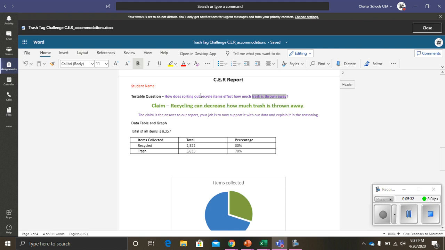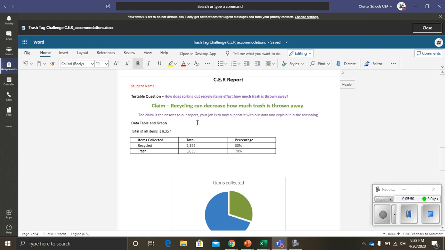So recycling is what we counted. Oh no, what we changed. I'm sorry. Sorting the recycling items was what we changed, and what we measured is how much trash was thrown away. So we counted the recycling and that.